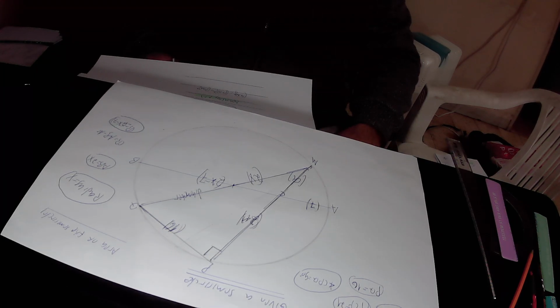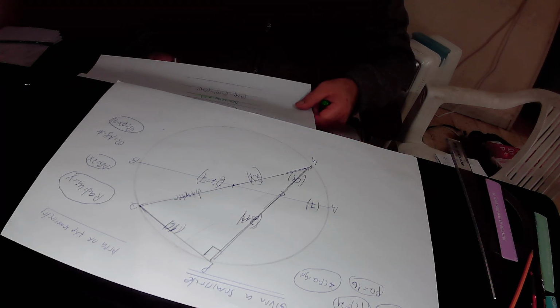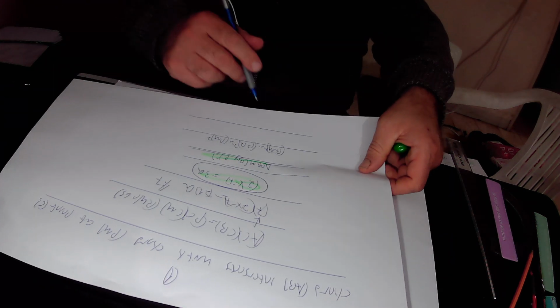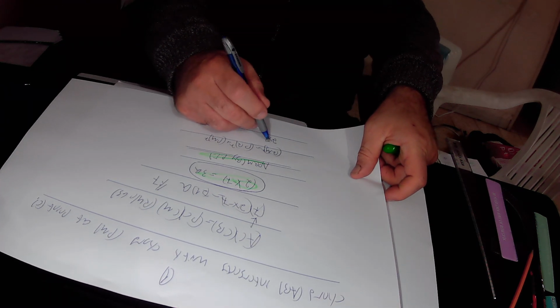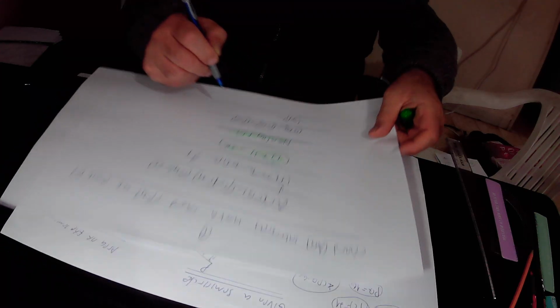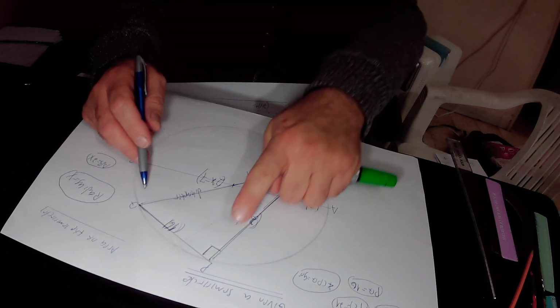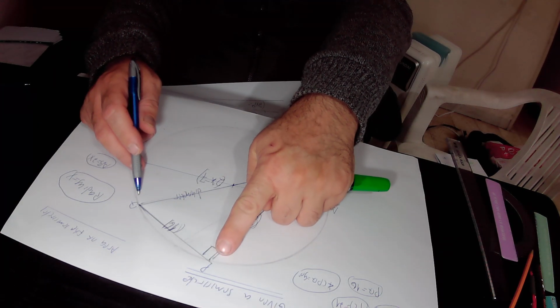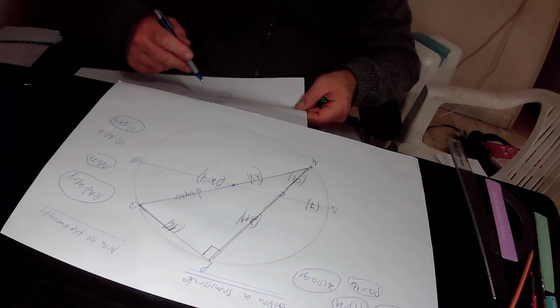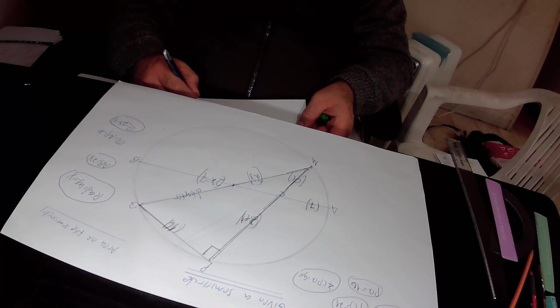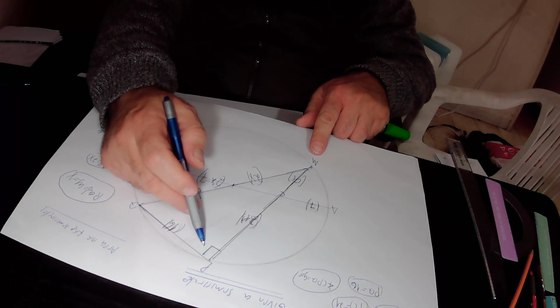QM is 2x, therefore QM squared is 2x squared. And it equals PQ squared. PQ is 16, therefore PQ squared is 16 squared, that is 256. Plus PM squared.